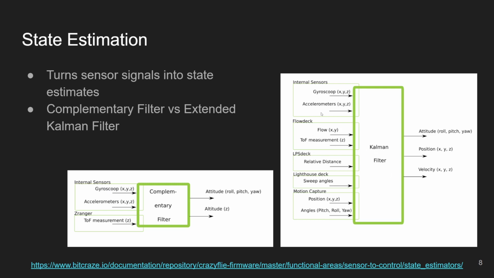As you can see, it uses way more sensors, and it can determine attitude, roll rate, yaw, position XYZ, and velocity XYZ. So this can be used for a lot more automation and flight planning, with the fact that you get all of these different states. We'll go over the complementary filter because it's a lot easier to understand, and that's what the CrazyFlie uses in its base operation.